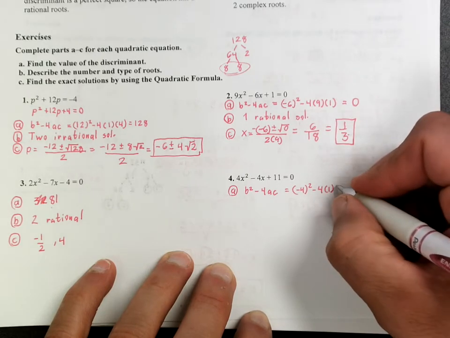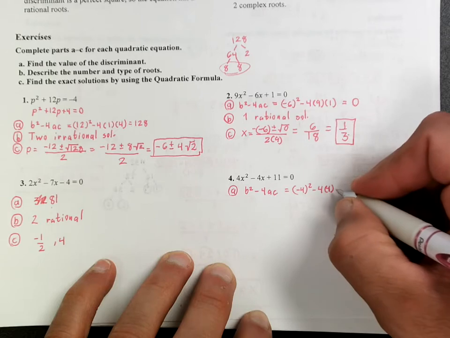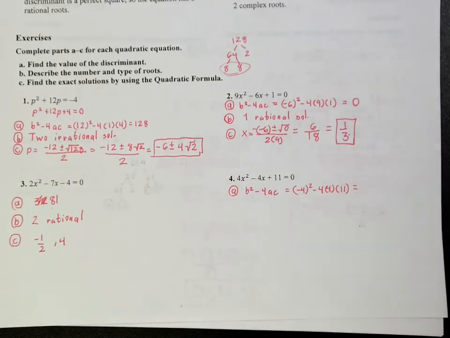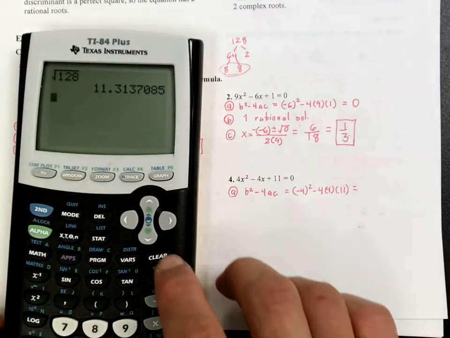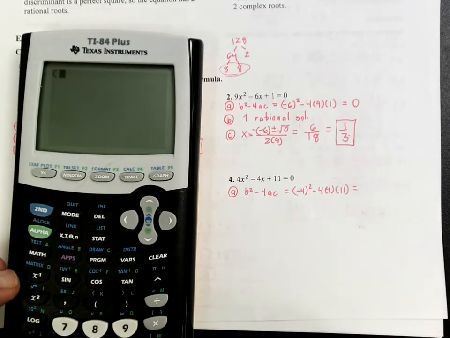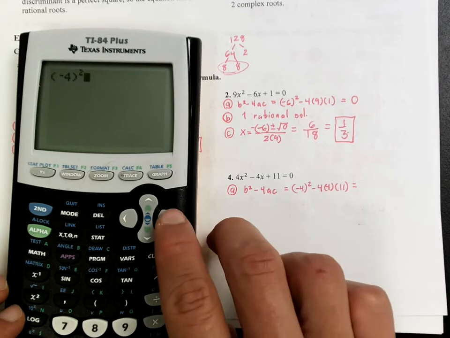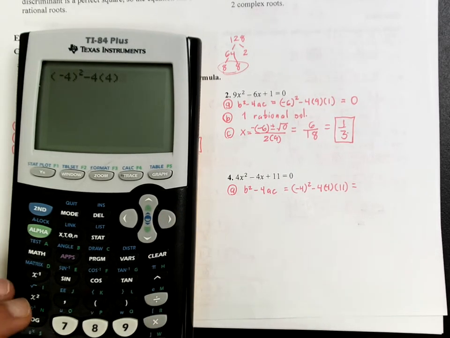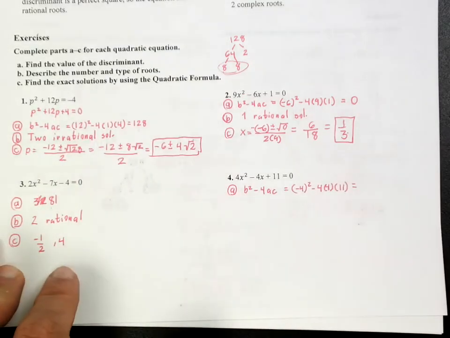Oh, a is 4. C. Okay. Let's see what that is. All right, so that's negative 160.